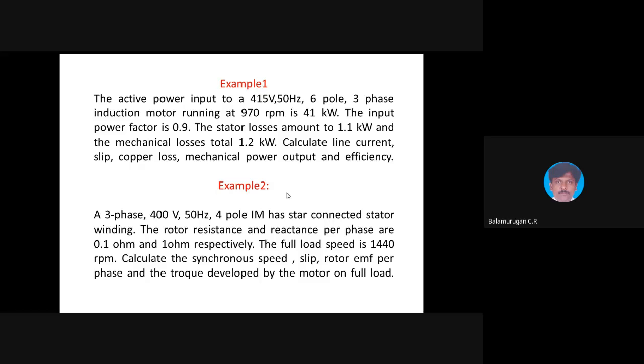This P in we already have the value. P in is equal to 41 kilowatt. Stator loss is 1.1 kilowatt. Then you know the P2. What is the P2 value? 39.9 kilowatt. So P2 is equal to 39.9 kilowatt. Then you tell the value for PC.